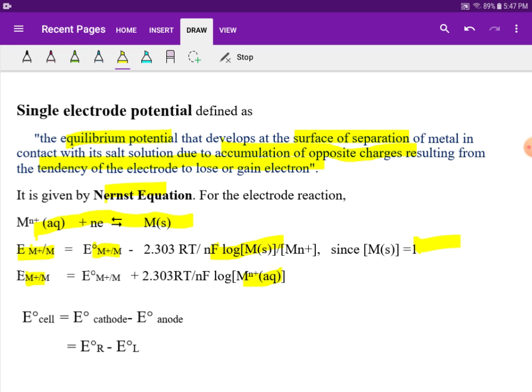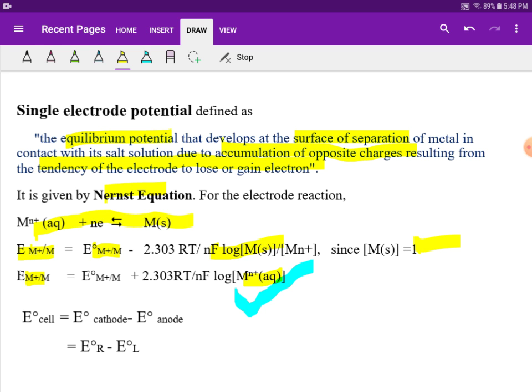Again, remember this equation, I repeat: E equals E0 plus 2.303RT/nF log [M^n+(aq)], provided the single electrode reaction is written in the form of reduction.